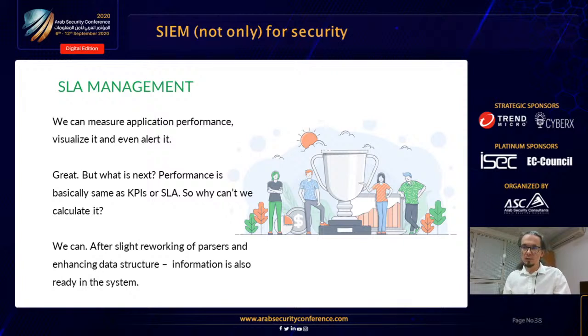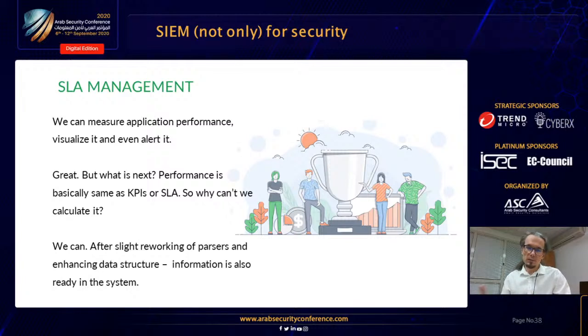The difference is that the application is one single thing, and it's a little bit easier to monitor. KPIs are sometimes calculated based on many other things, but we are already doing that anyway.